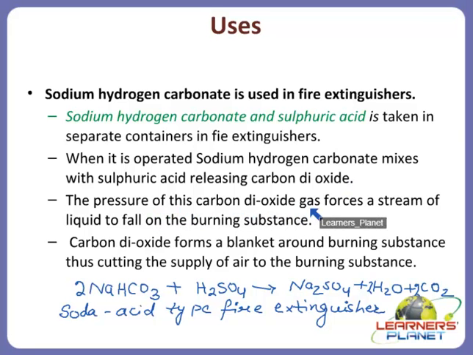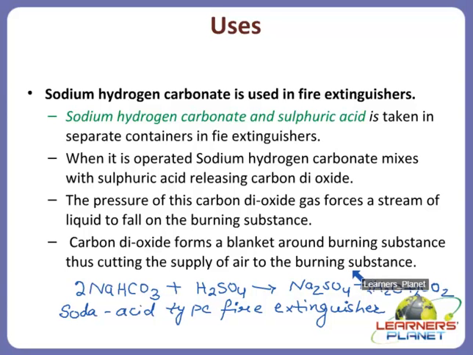Now the pressure of this carbon dioxide gas forces a stream of liquid to fall on the burning substance. Now this carbon dioxide forms a blanket around the burning substance, thus cutting the supply of air to it.